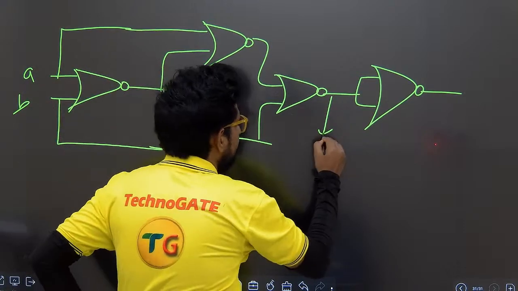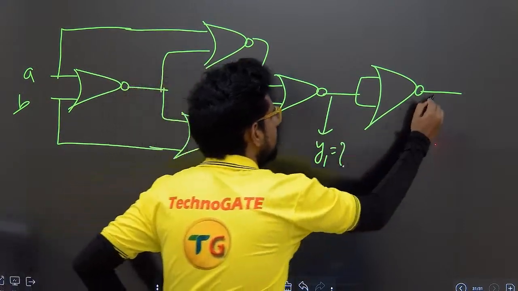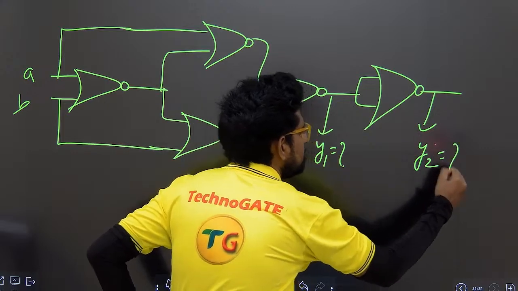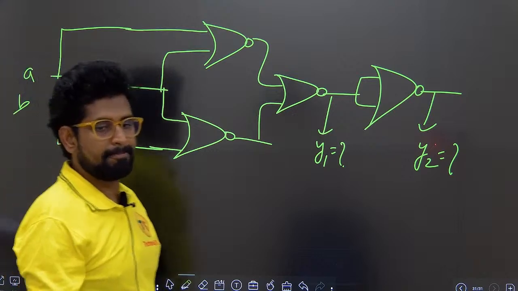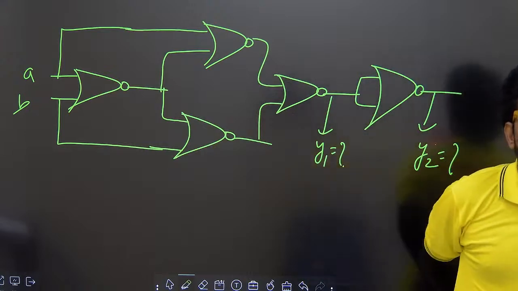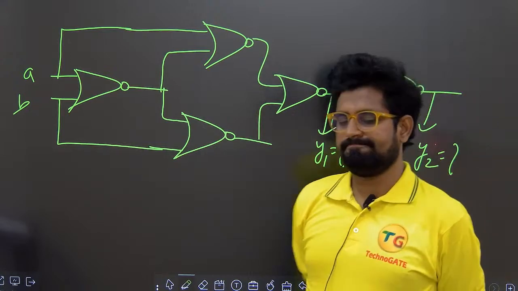Now you need to find what is Y1 and what is Y2. So you will get XOR and XNOR. Find out what Y1 is and what Y2 is. What is the value of Y1 and Y2?